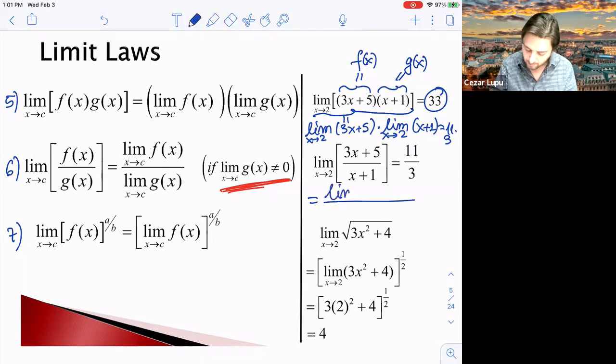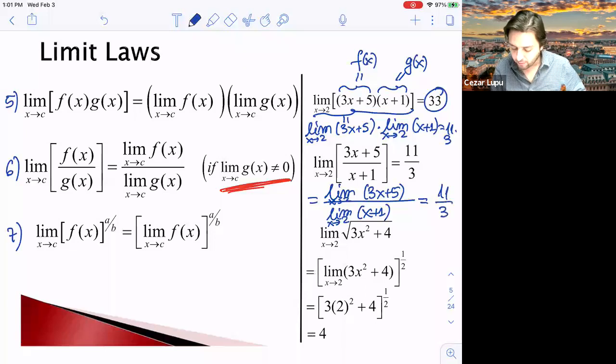This is the limit as x approaches 2 of 3x + 5 over the limit as x approaches 2 of x + 1. The first one, as we have previously seen, is 11, and the second one is 3. So it's 11 over 3, right?